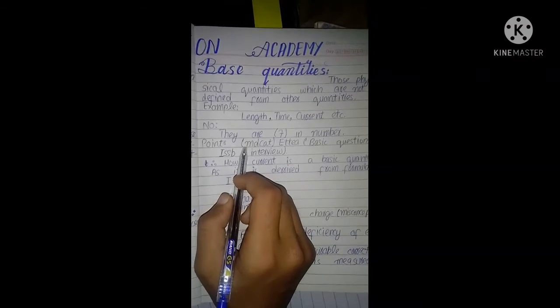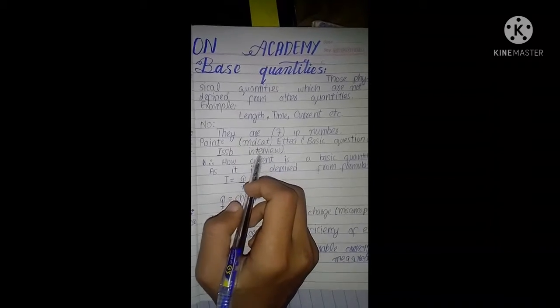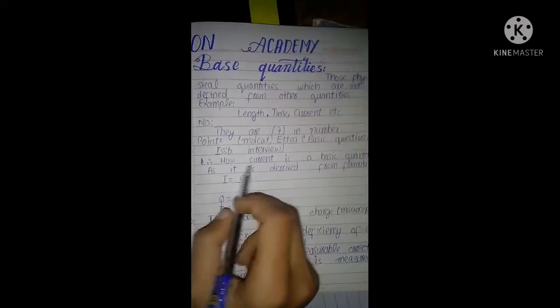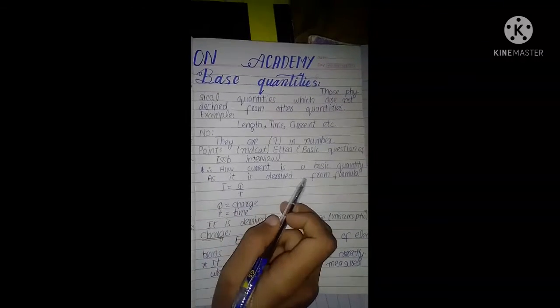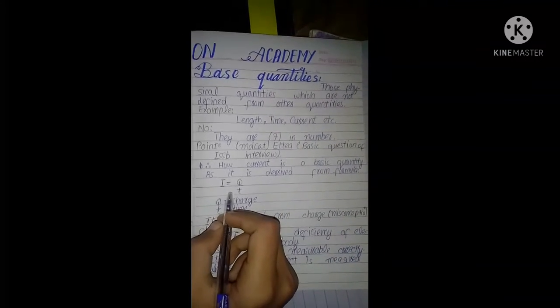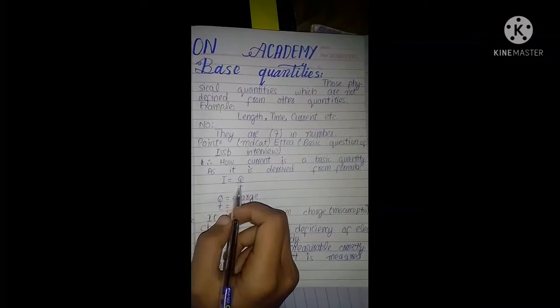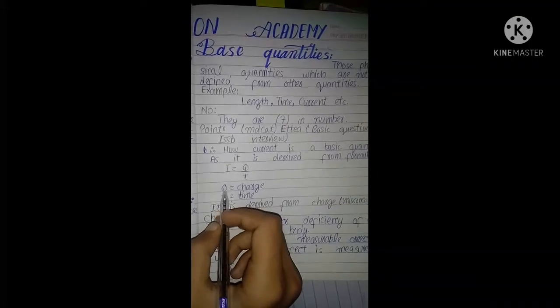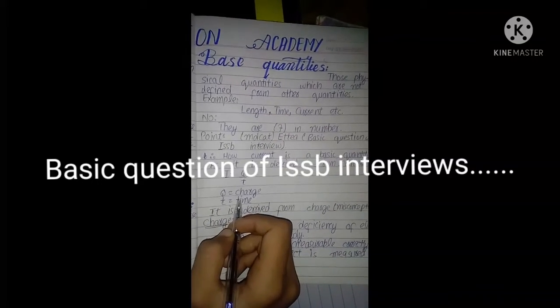So I am going to explain the basic point of MDCAT and ISSB interview, that is how current is a base quantity, as it is derived from the given formula I = Q/T, where Q stands for charge and T stands for time.